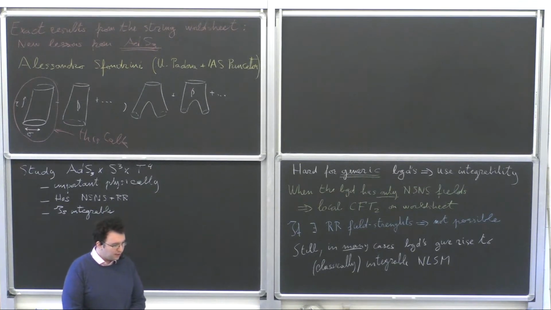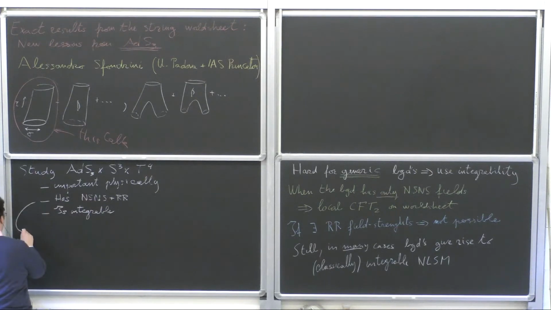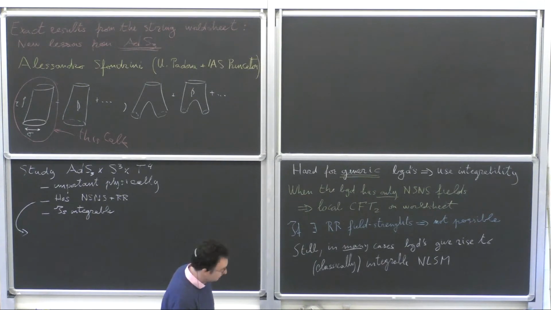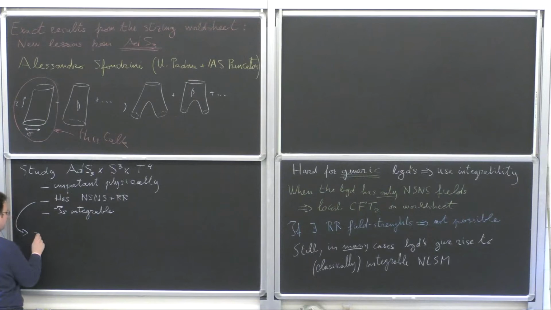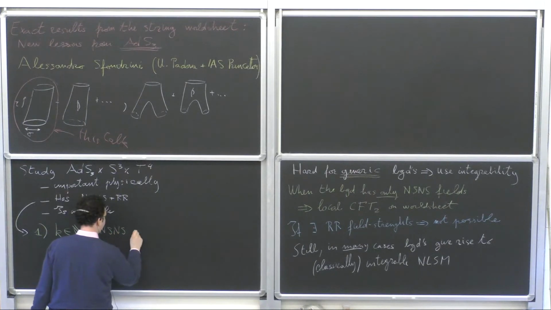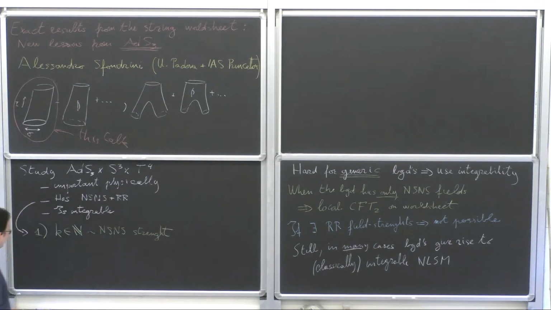So let me tell you a little bit how these NSNS and Ramond-Ramond fields appear. I told you there are 2 parameters, so just let me define them. One parameter is k, which is an integer, 0, 1, 2, and so on. And this is related to the strength of these NSNS fields.